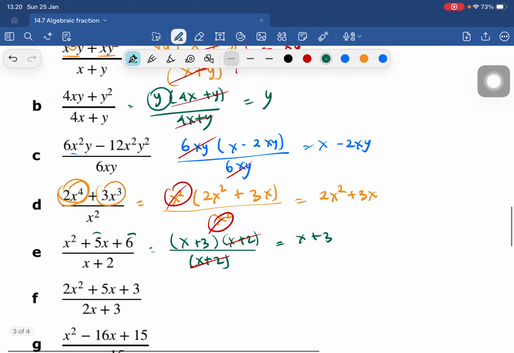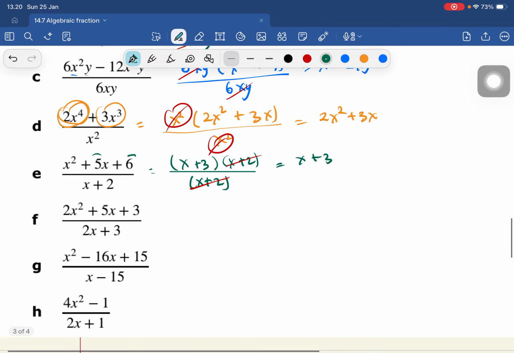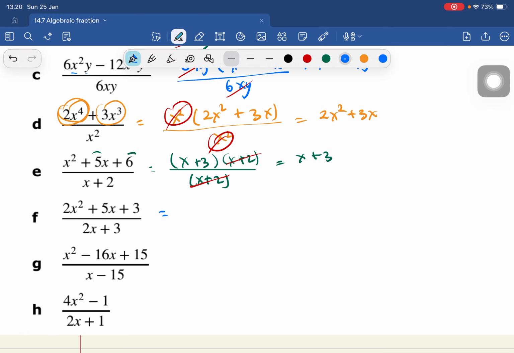Okay, F here. So here's going to be 2x plus 3. Let us factorize it. It's going to be 2x, x. We need to find the number.